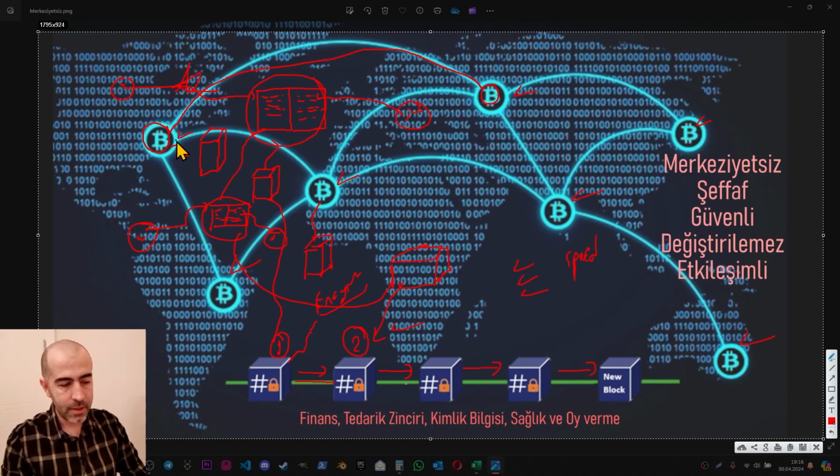But since confirmation by all the computers on this blockchain network takes some time, because even in Australia, even in Japan, the information should be confirmed by the miners. And this is creating some speed issues. This is creating some commission issues, fee issues.